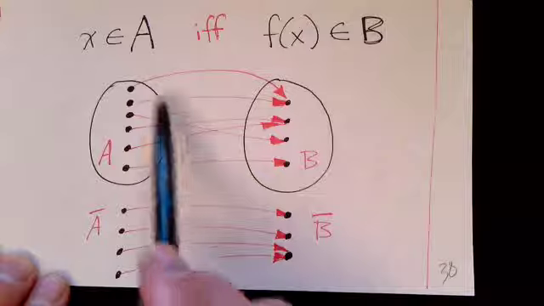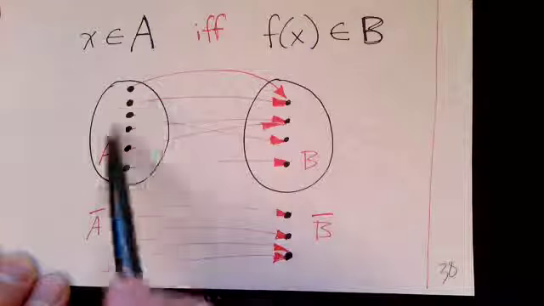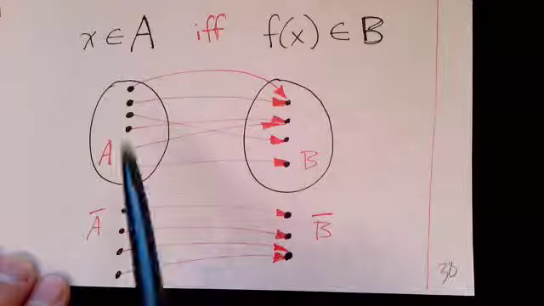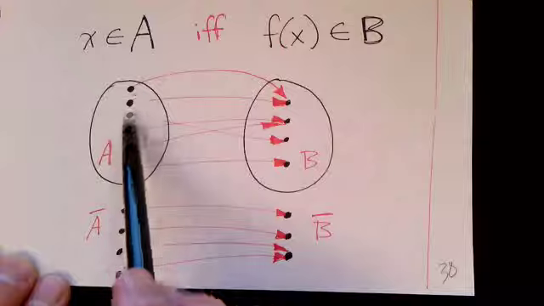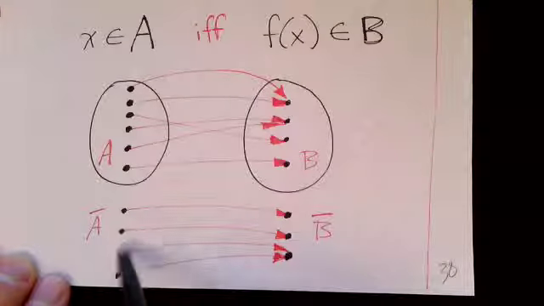So if we look at these as languages, then these dots are strings. If we look at these as problems, then the problem of A over here has a bunch of different instances, and each dot represents a particular case of the problem, or instance of the problem.